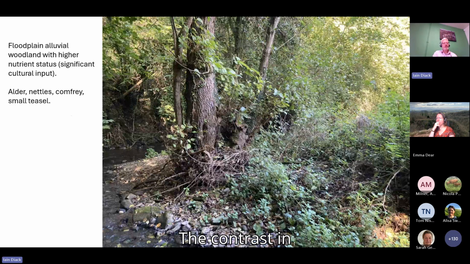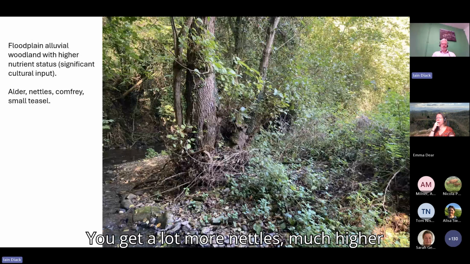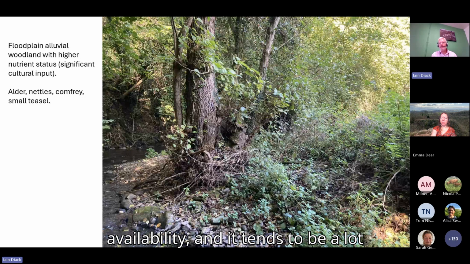The contrast is the floodplain situation where you have high nutrients, where you get a lot more nettles, much higher phosphorus and nitrate availability, and it tends to be a lot less diverse. Alder is still present.